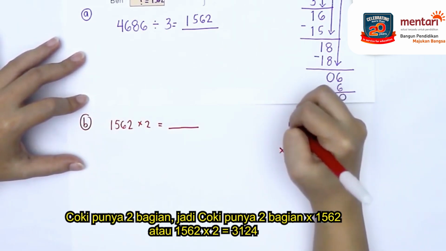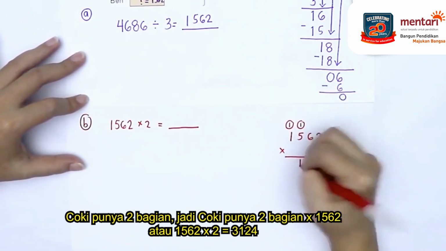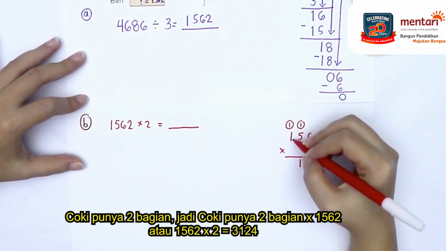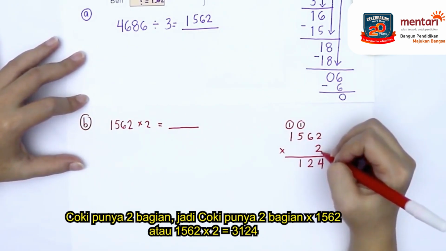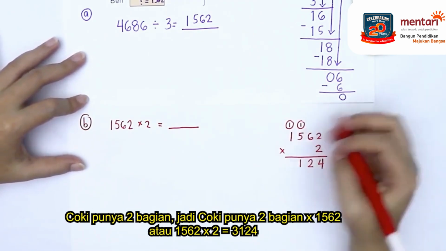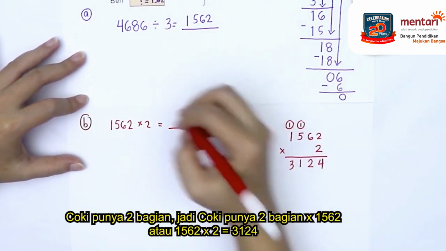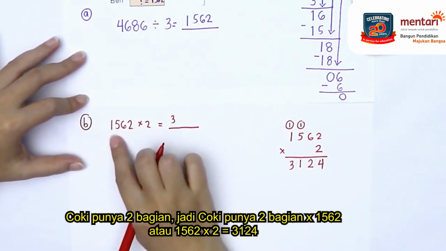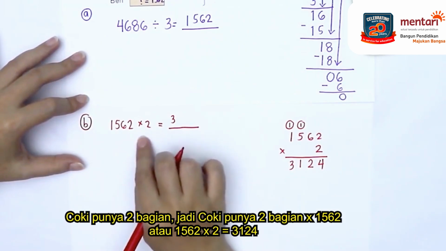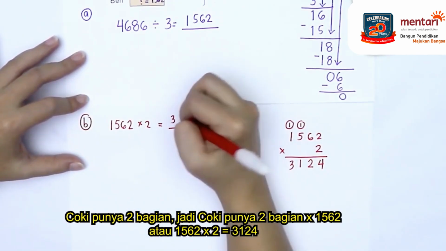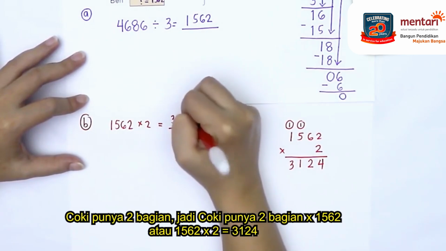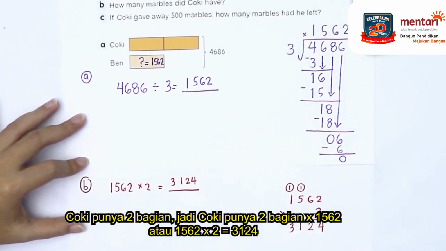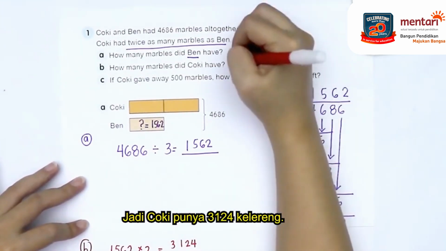So we need to regroup that in 1,000 and 100. 1,000 times 2 is 2. We have 1 more, then we've got 3 thousands. Therefore, 1,562 times 2 is equal to 3,124.